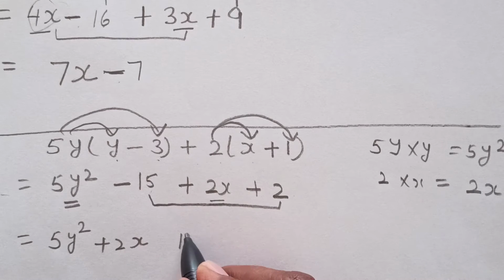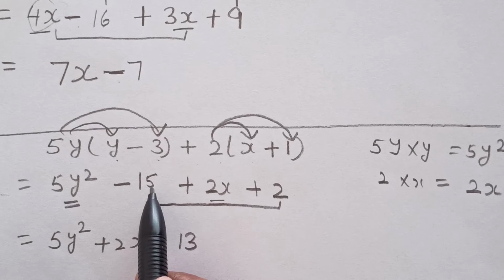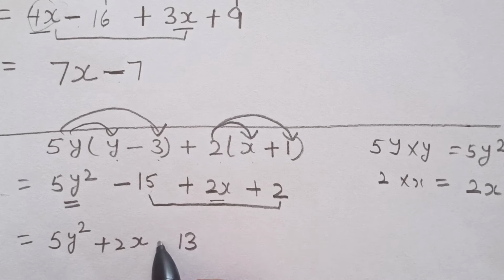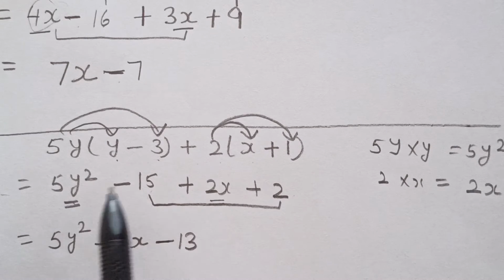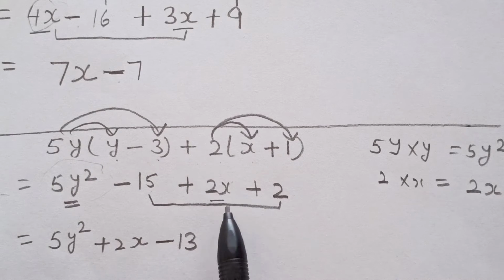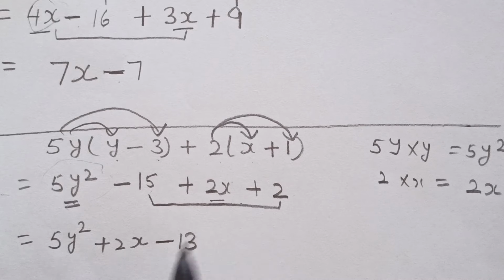So answer will be negative 13. We will subtract that, and 15 is having negative sign, so it is greater, so we will keep negative sign. So you can see we cannot collect together the term of y and x because they are different variables.